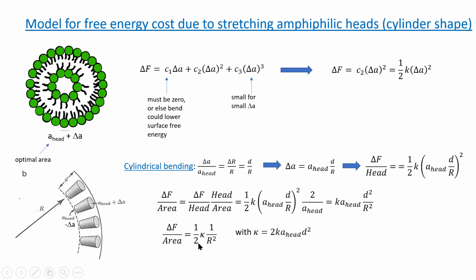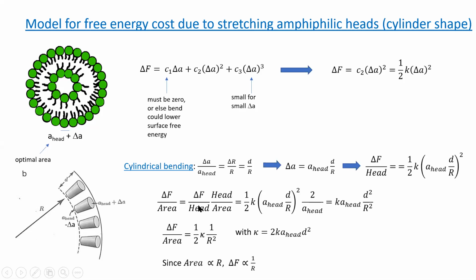All right, so what does this mean? This is for cylindrical bending. Well, for a cylinder, the surface area of the outside of the cylinder, so if this cylinder extended outward, is proportional to R, because the area of a cylinder is 2 pi R times the length of the cylinder.